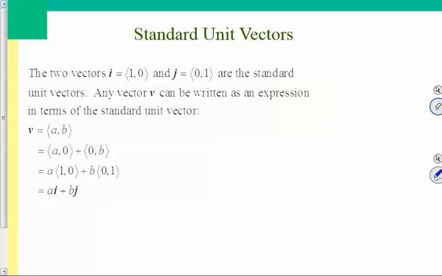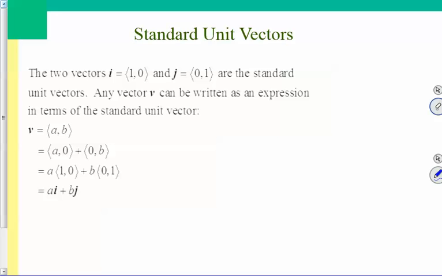You can have two vectors: the first one is i, which is (1, 0), and j is (0, 1). Those are the standard unit vectors. If you notice, it's like (x, 0) and (0, y). Any vector v can be written as an expression in terms of the standard unit vectors.